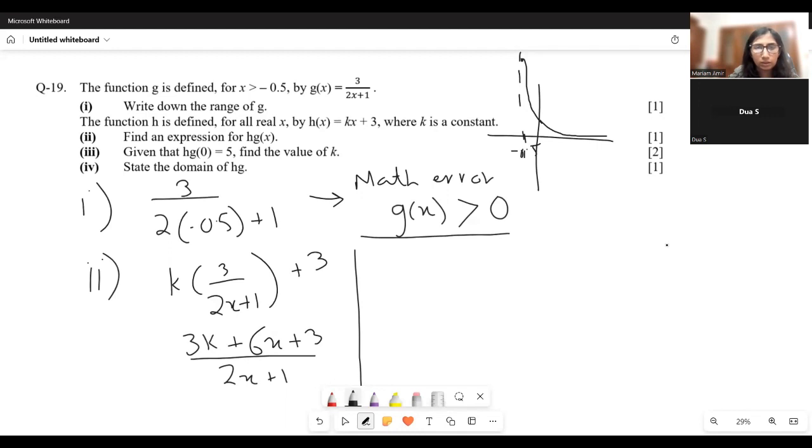This should be it. hg can't be further simplified. Let me check. In the marking scheme, they did not even simplify it further. Given that hg(0) is equal to 5, find the value of k.